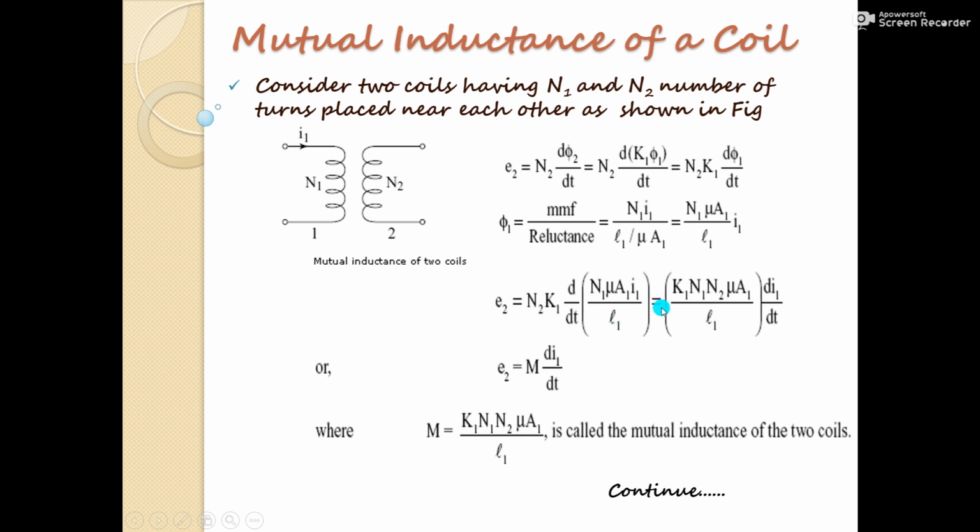So that is equal to K1 N1 N2 mu A1 upon L1 di1 by dt. So we are finally getting the EMF induced in the second coil, that is E2, equal to M di by dt. This M is called mutual inductance, or you may call it the coefficient of mutual induction, where M is equal to K1 N1 N2 mu A1 upon L1.